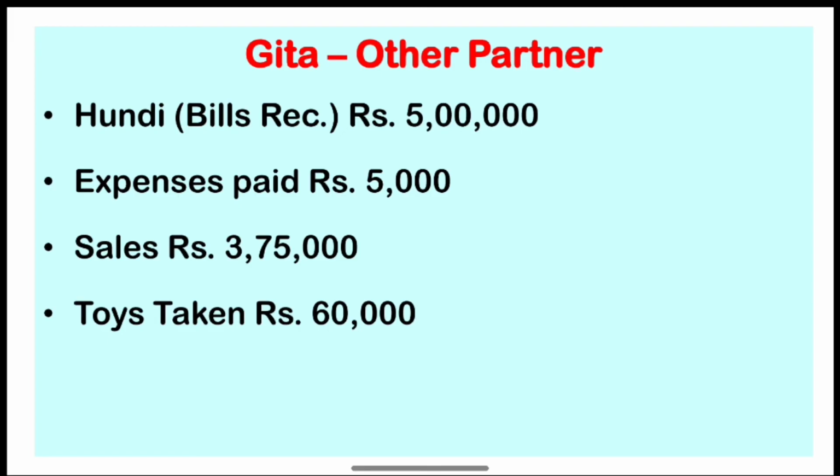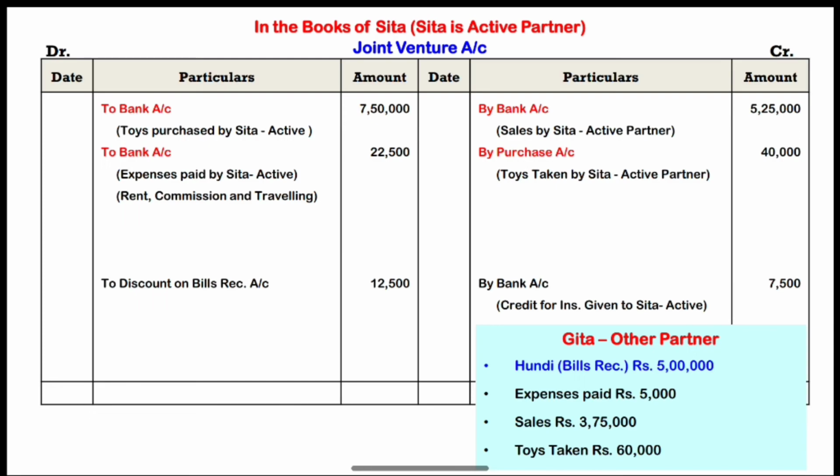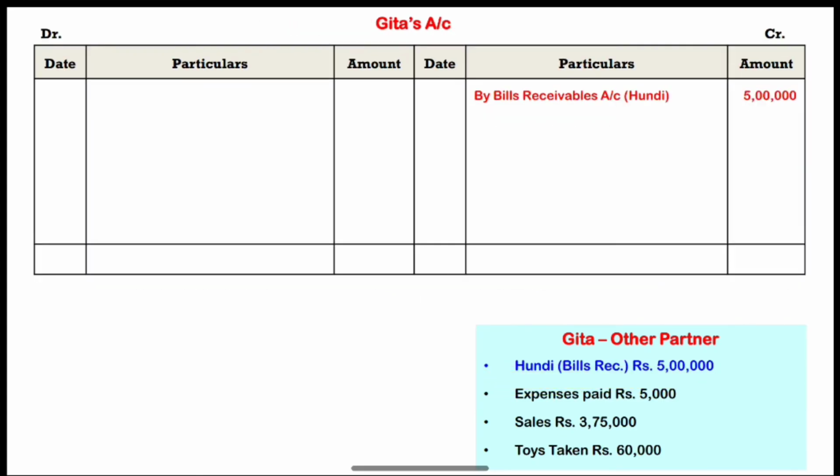Moving towards the transactions of Gita. Debit the receiver, credit the giver. Now Gita is the giver, so on the credit side: expenses paid, sales and stock taken. See here, hundi has no effect in joint venture account, that is simply on the credit side of the partner.